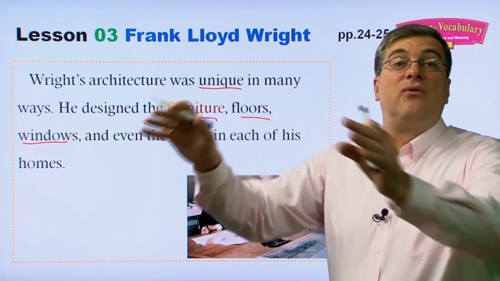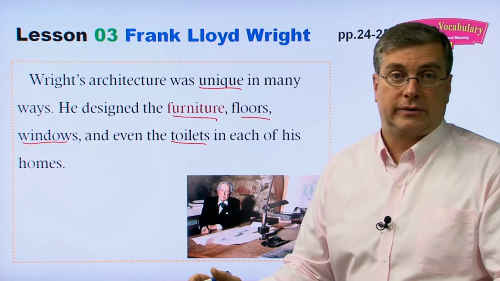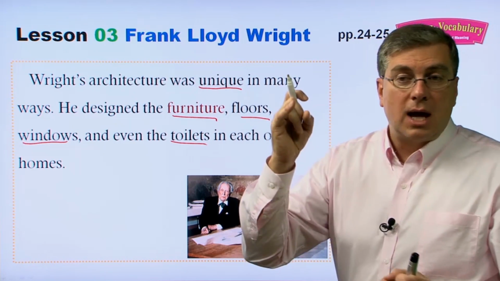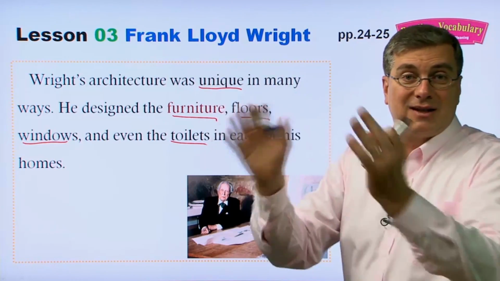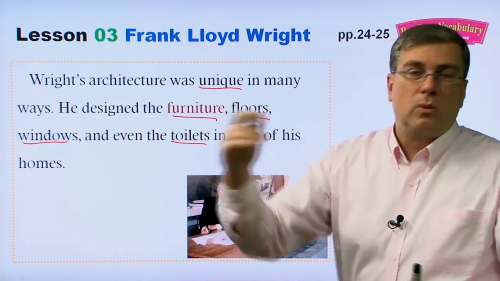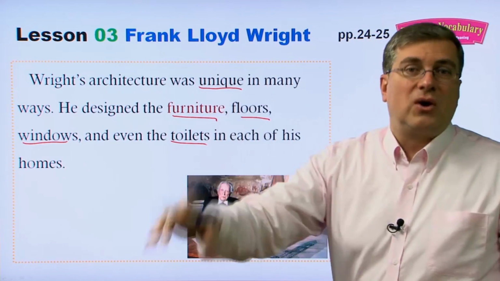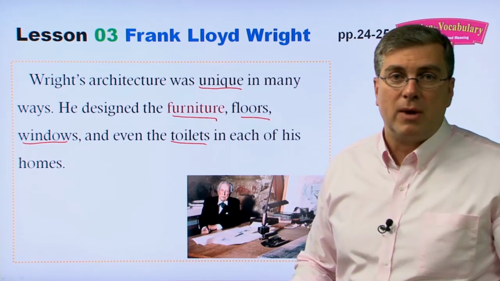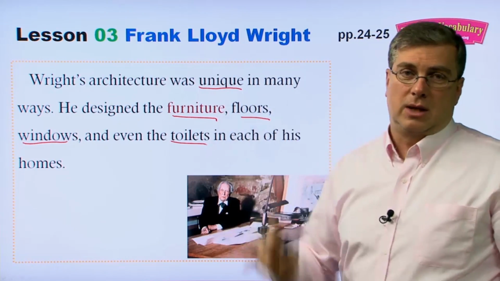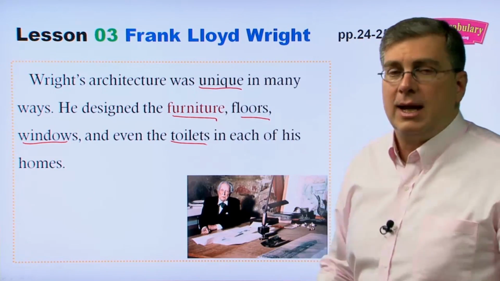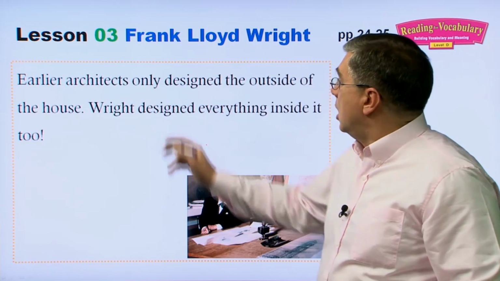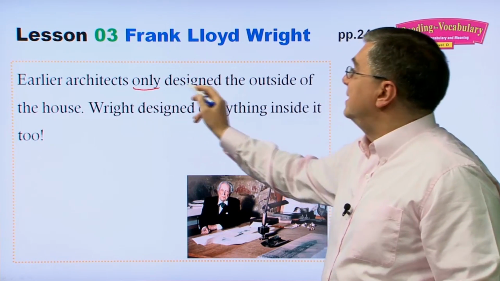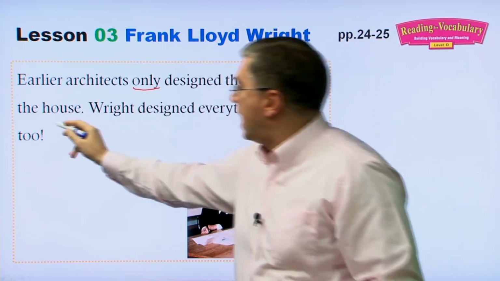He designed everything in the house. Right? He thought about not just the walls and the rooms, the space inside. He also thought about, well, what are the windows going to look like? What is the furniture that is going to be placed in this room? What will the bathrooms, the toilets look like? Okay, he thought about everything, and that was a new way of thinking about architecture. Earlier architects only designed the outside of the house.